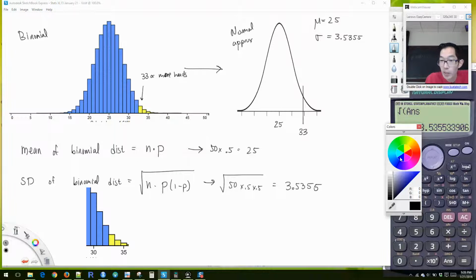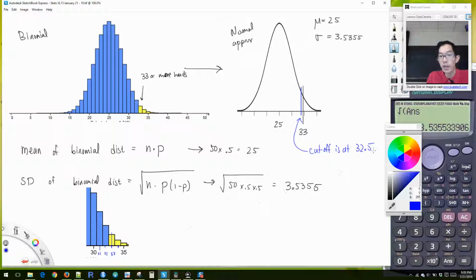So I've got a little bar here. This one is 31, this is 32, and this is 33. The bars are centered at the numbers. Where am I actually starting to shade from? At 32.5, right? Because if I drew my vertical line at 33, I would be missing half of this bar here. Can we see that? So I don't draw it at 33, I draw it a little bit to the left of that, and so my cutoff is at 32.5.